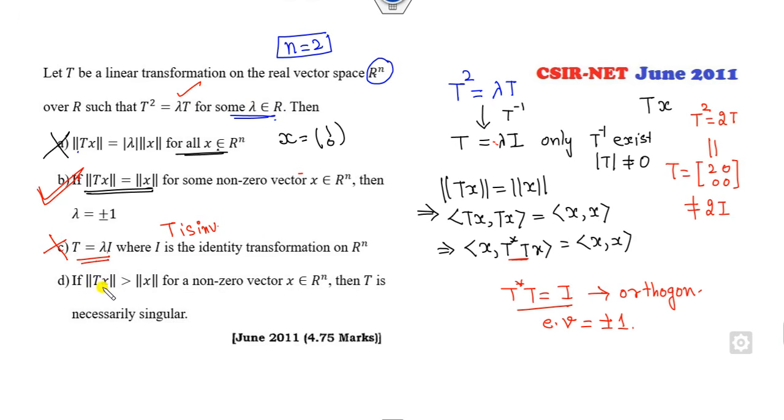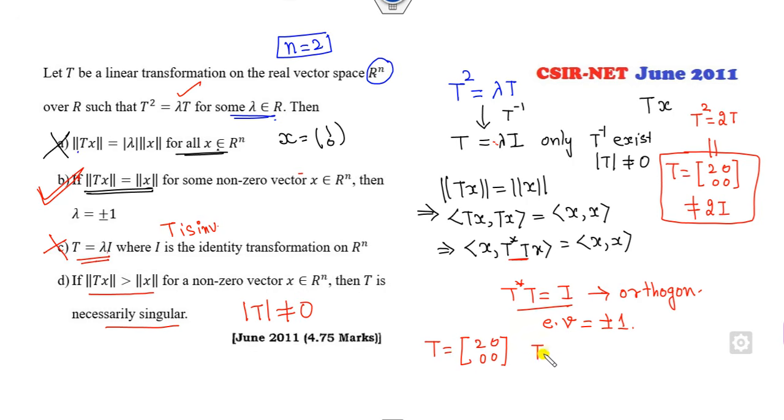If I take norm of T of x is greater than norm of x, it is given to you, then it is necessarily non-singular. It means determinant of A is non-zero. That's your target. If I do the same example here, fine. So what is the meaning of that? If I take T as this value, then what is my Tx? It is simply 2x, whatever the x is there.